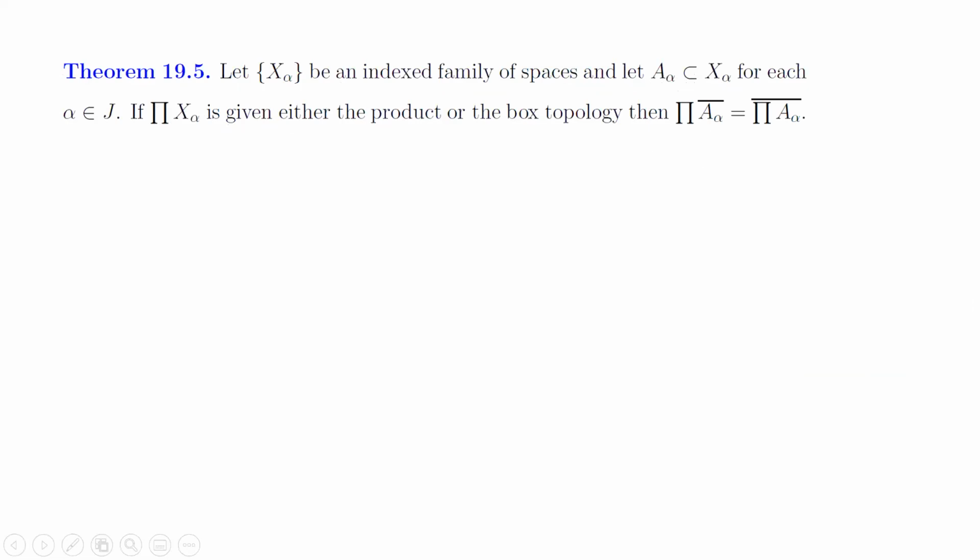Then the product of the closures of A alpha is equal to the closure of the product of A alpha. A little clue: we can prove it in two directions, one is here and one is here.